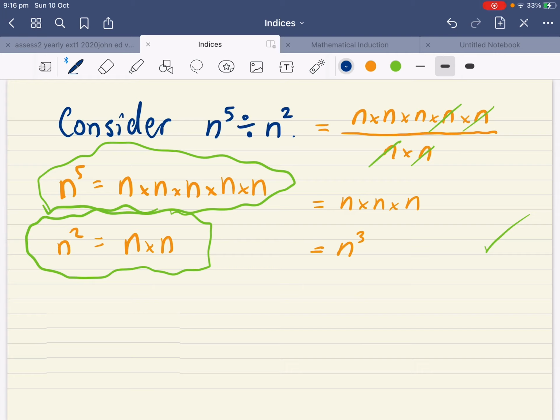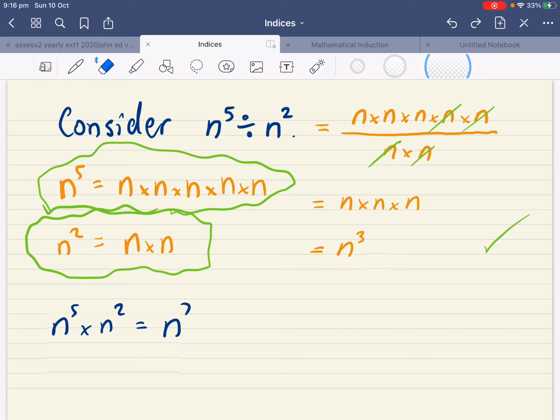We saw when you're multiplying, if it was n to the 5 times n squared, the base stays the same, and you add the powers. Well, when you're dividing, instead of adding the powers, all we have to do is take them away. You go 5, take away 2, check it out, you get the 3. That's all you need to do. Base stays the same, you minus the powers.